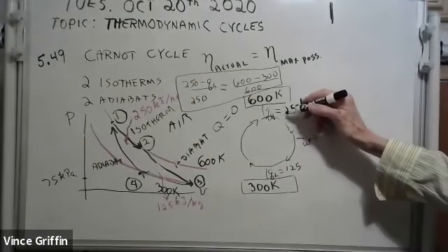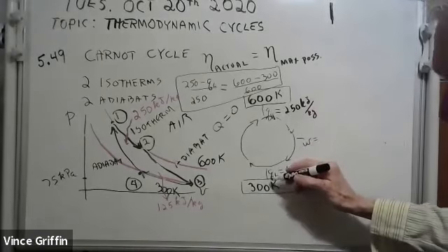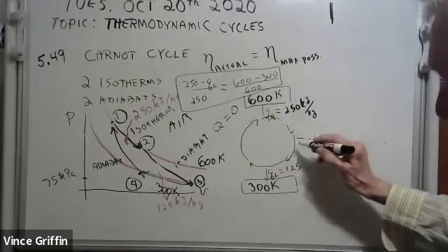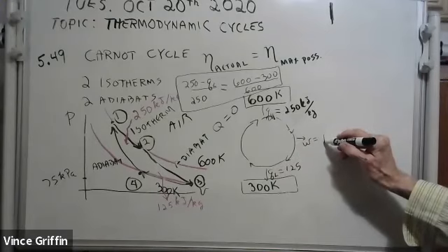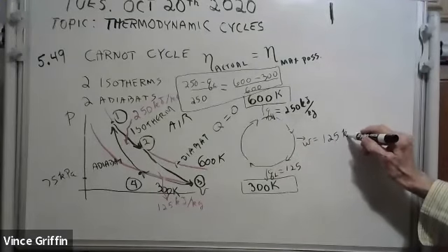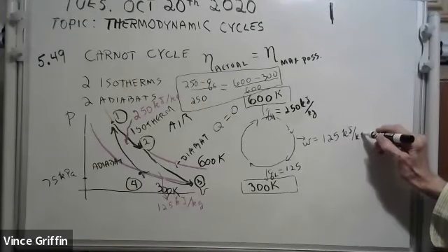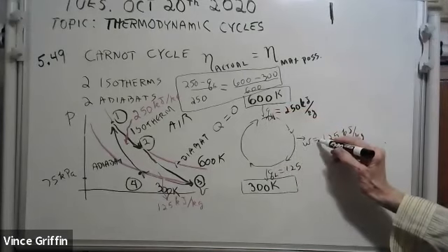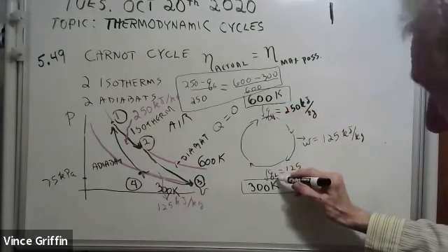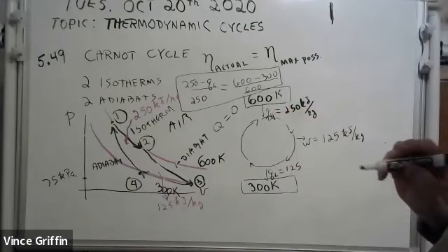Now, if you have 250 coming in and 125 going out, what is little w? Well, it has to be 125. Does that make sense? Think about it. 250 comes in, 125 comes out, 125 comes out. They add up.